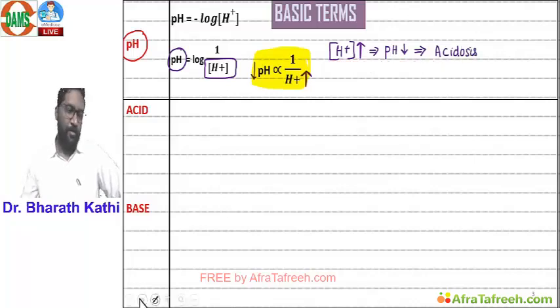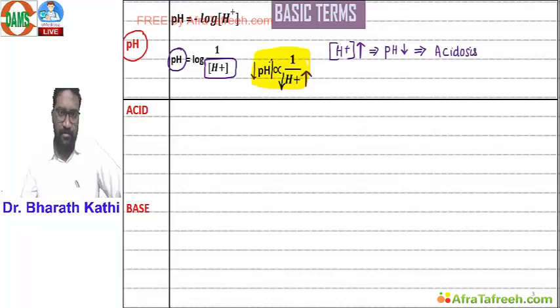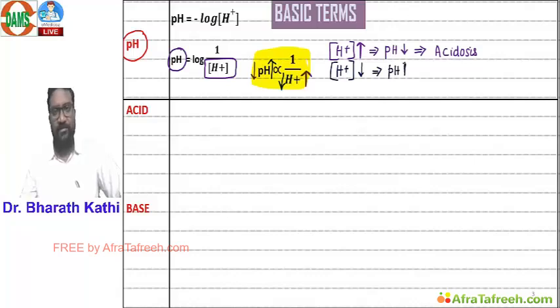Then possibility 2: whenever H plus decreases, automatically pH will increase because they are inversely related. H plus decreases, pH will increase. It means alkalosis.